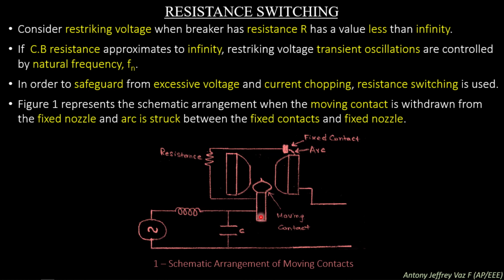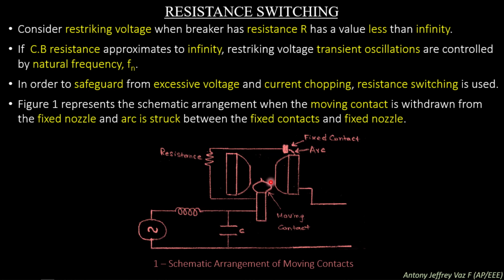If we insert the moving contact into the fixed contacts, then the circuit breaker will be closed and the current will flow through the circuit breaker. If we remove the moving contact downwards at once, the current will be broken and the arc will be struck between the moving contact and the fixed contact.